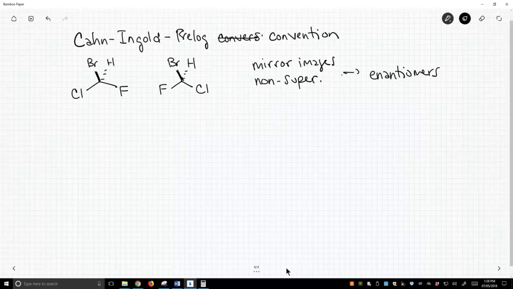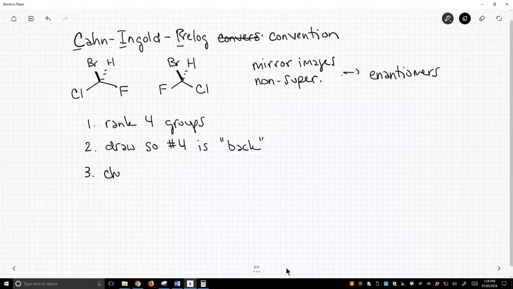Well, it turns out for the Cahn-Ingold-Prelog convention, CIP convention, we're going to do four things. We're going to rank our four groups, that's to say our four groups on our sp3 hybridized carbon, our stereocenter. Then we're going to draw our molecule, so the number 4, the lowest priority group, is back, and we'll explain what that means.